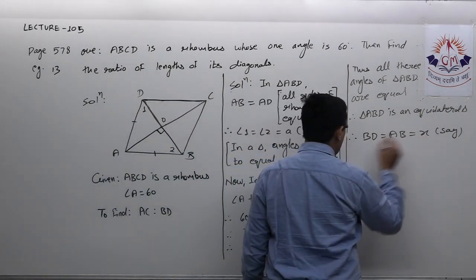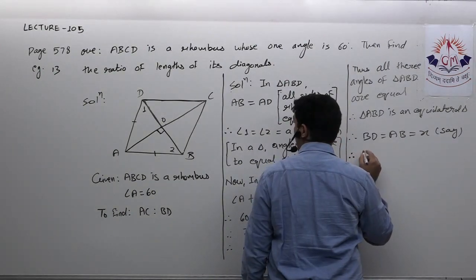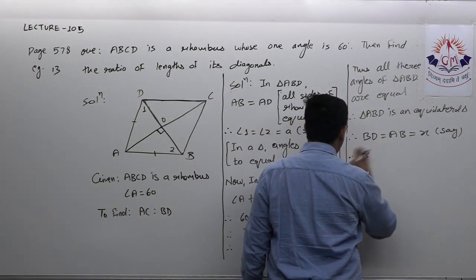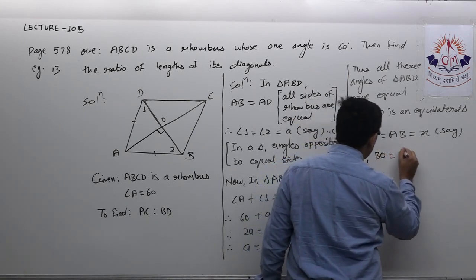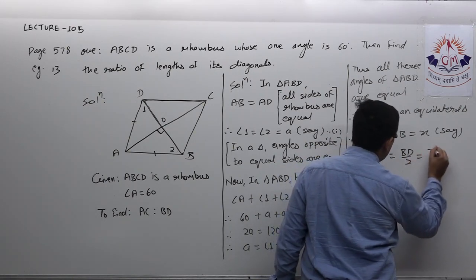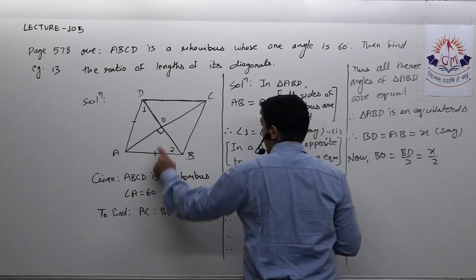BD is equal to x. Therefore BO is equal to BD by 2, that is x by 2.